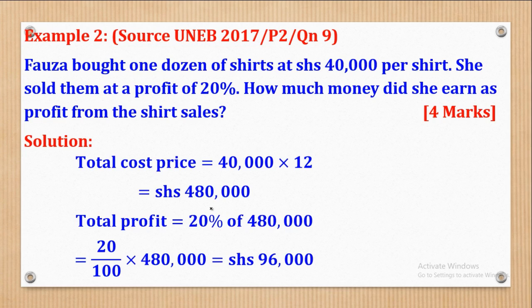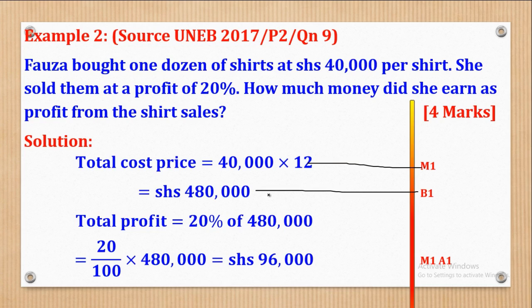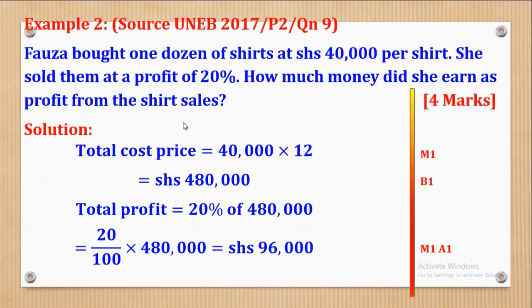And now let's see how much can be awarded. So M1 will be for this multiplication, B1 for the output to get the total cost price, M1 will be for this multiplication, and A1 will be for the output to get the total profit. So basically that's how the marks could come about.